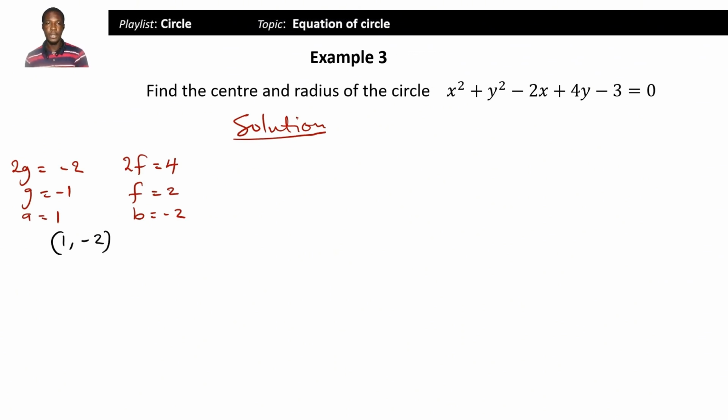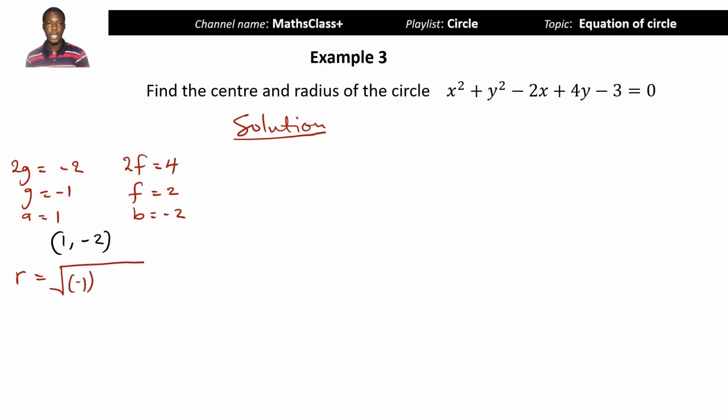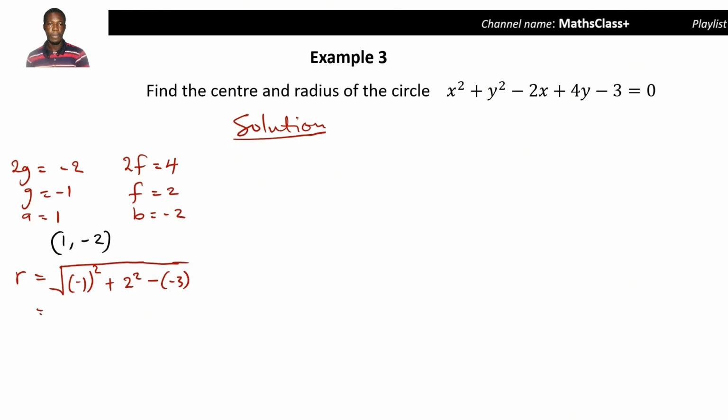Then the radius. So r is equal to root of negative 1 squared plus 2 squared minus negative 3. That is our c. And that's, we have 1 plus 4 plus 3.